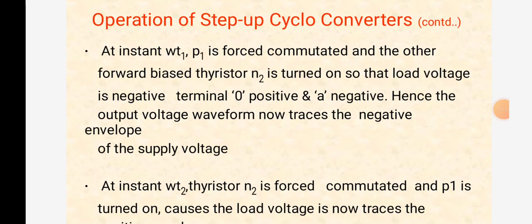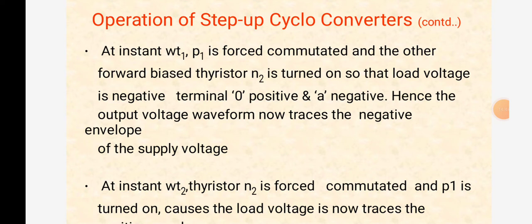And also at instant omega t is equal to omega t1, P1 is force commutated, and the other forward biased thyristor N2 is turned on, so that the load voltage is negative with terminal O positive, A negative.